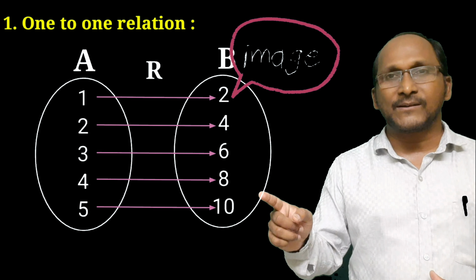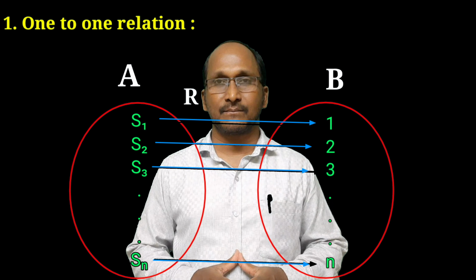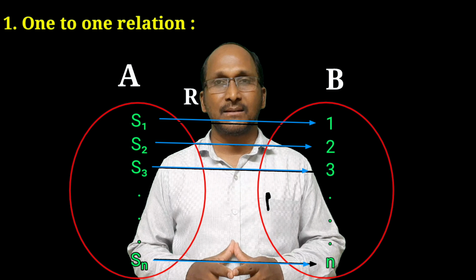Now let us see one example in your class itself. A is set of all the students in your class and B is set of their corresponding roll numbers. Now let us assign each and every student with their roll numbers. If you observe, each and every student is given only one roll number. What does it mean?